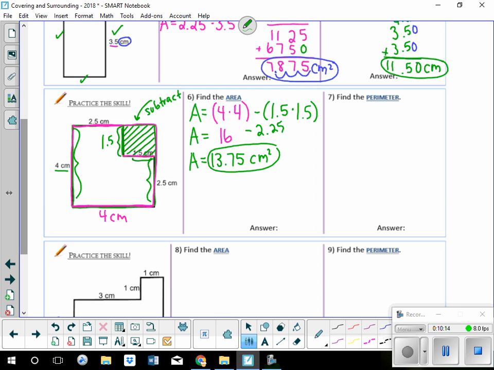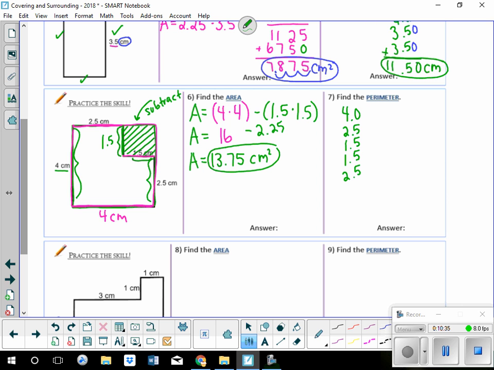So I have 4. I'm going to make that 4.0 just because I have some other values that are in the tenths. Plus 2.5, 1.5, 1.5, 2.5, and then 4 along the bottom.